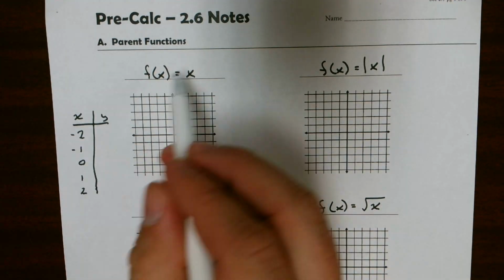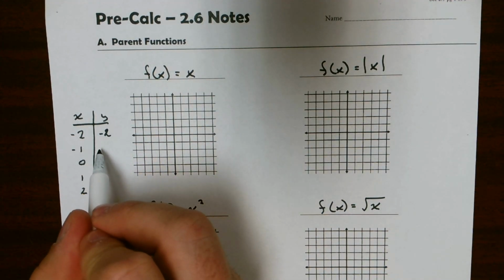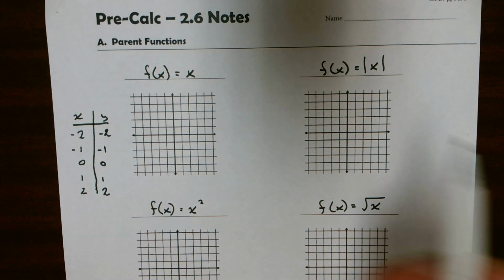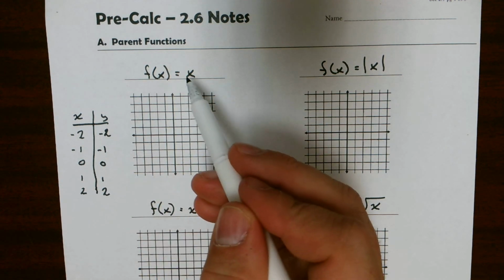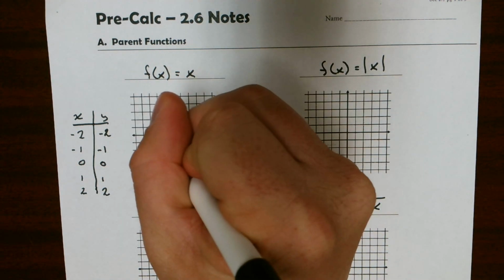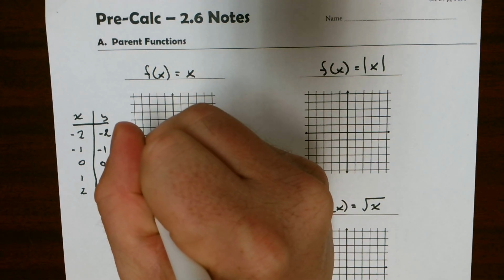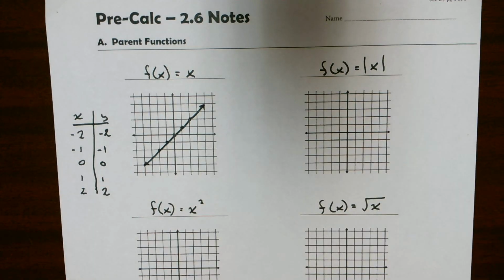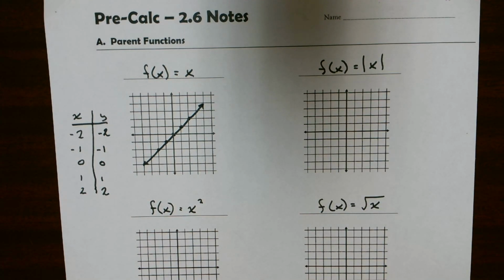Okay, so now when we plug in -2, we get out -2, -1, we get out -1, and so on and so forth. Okay, when you plug those x values in, this is what your y value comes out to be. So we can go ahead and we can graph this parent function. And these parent functions that you graph are going to help you graph all the transformations here that we're going to do in a little bit.